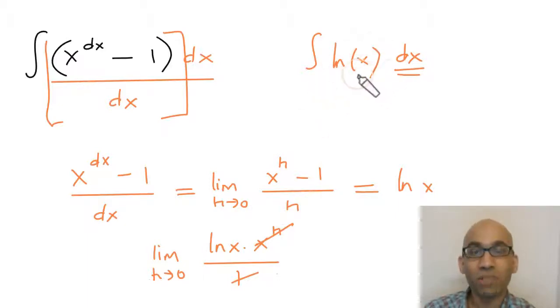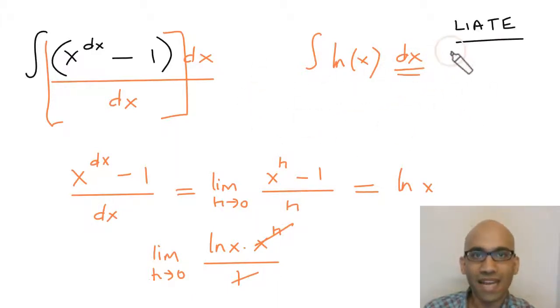And now here's the second challenge for you. Use the integration by parts method to see if you can evaluate the integral of log of x dx. You can use the LIATE method, which is a very popular method.